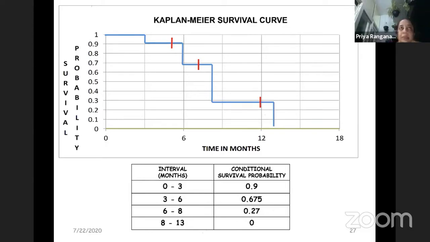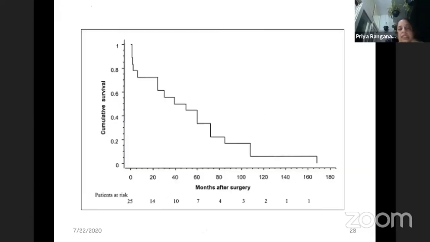Now, this was a really small study with 10 patients, which is why you can see all these steps so clearly. If you do a study with 25 patients, obviously you're going to have more events, and you can see that the number of steps is more.